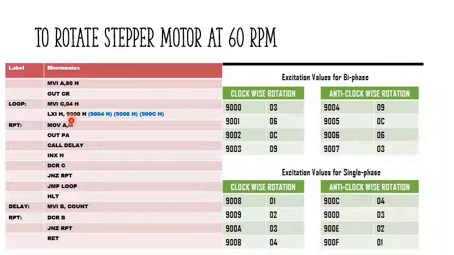After that, the memory is pointed. We can point the memory as 9000 or 9004 or 9008 or 900C, which indicates the excitation in biphase clockwise or anti-clockwise, or in single phase clockwise or anti-clockwise.